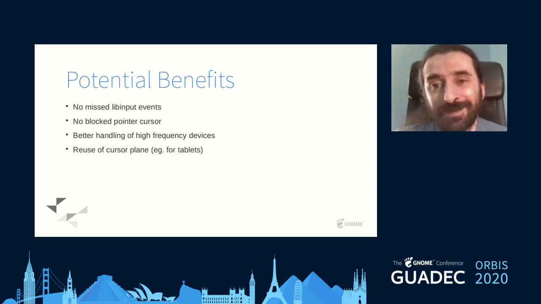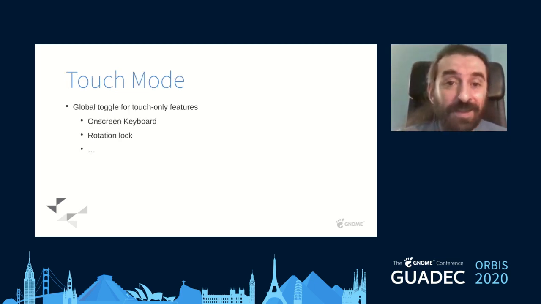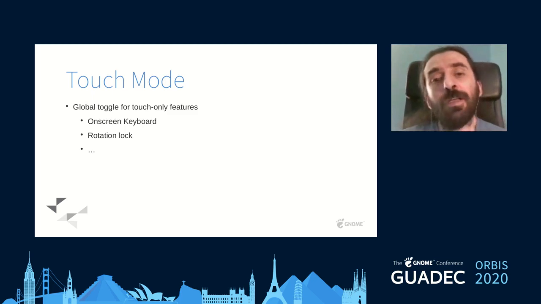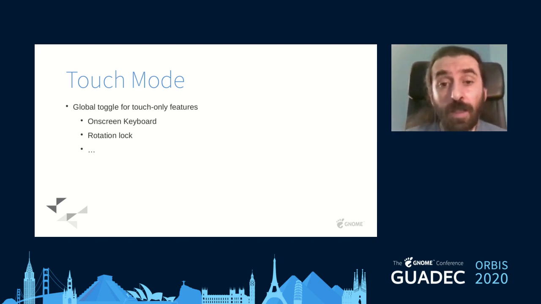Yeah, next slide, please. Yeah, and last but not least, we have the touch mode, which is basically a low-level toggle which will allow the different bits in the UI to adapt to this change.